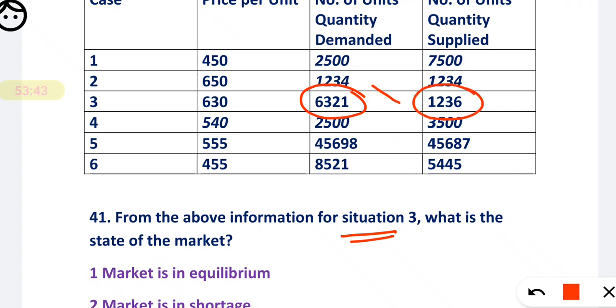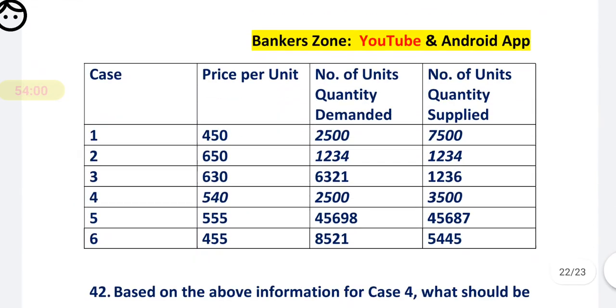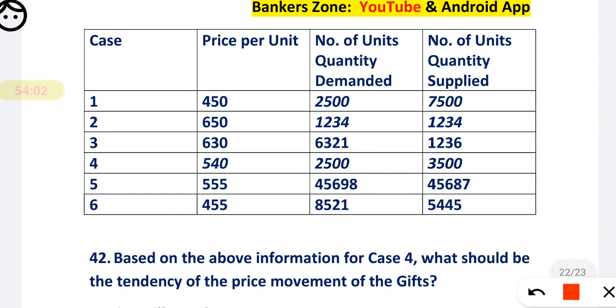So demand is more than supply. When demand is more than supply, there is a shortage. Okay, so very easy. So we can say market is in shortage.